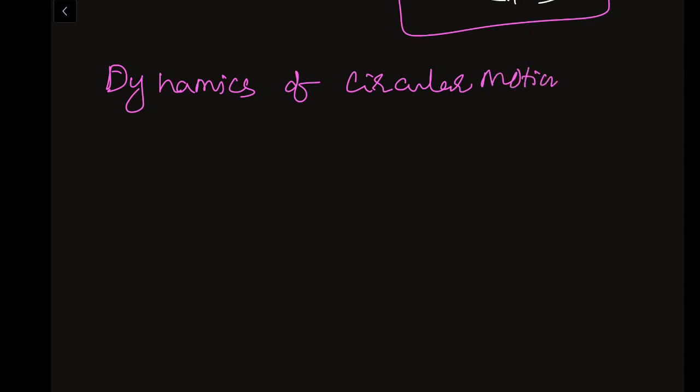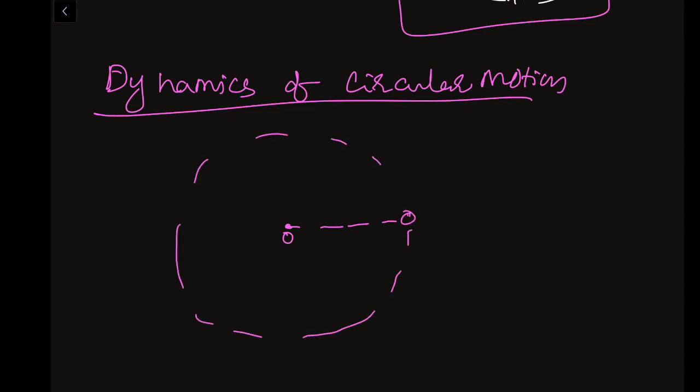Got it, children? Now some more information on circular motion: an introduction to the dynamics of circular motion. If a body moves in a circular path of radius r, we call it circular motion.